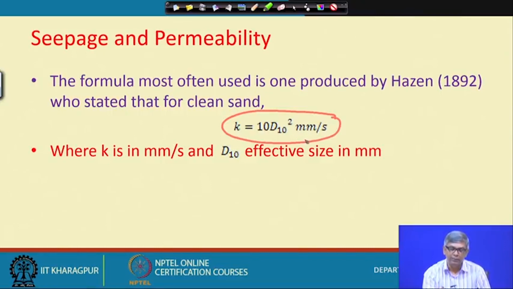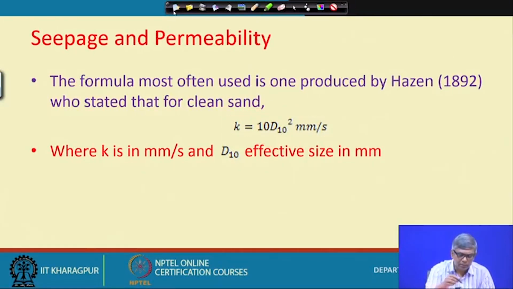Since it is an empirical equation, everything depends on the units we are using. Here k is expressed in millimeter per second and d10 also in millimeter. So, if I put the size in millimeter in this equation, we will get the permeability of soil in millimeter per second.